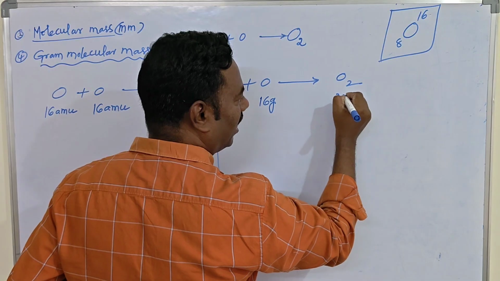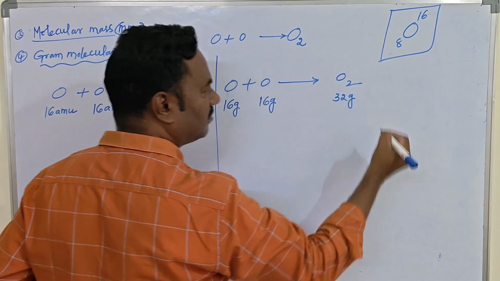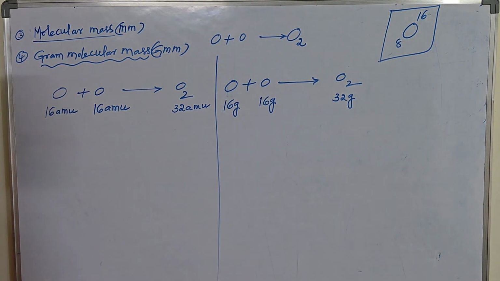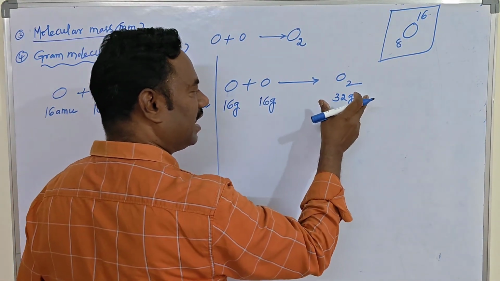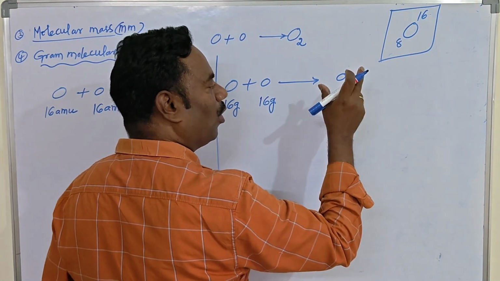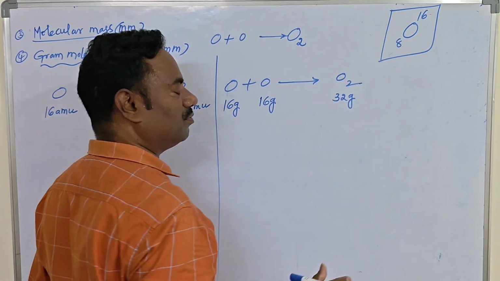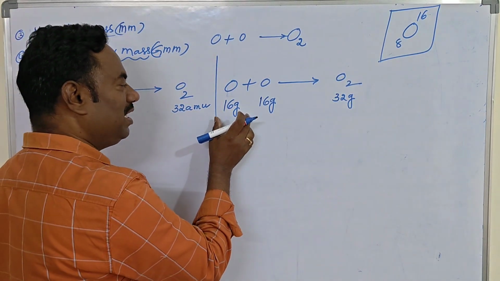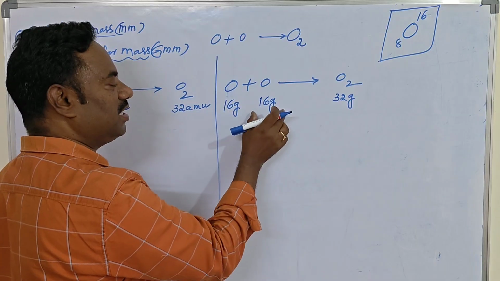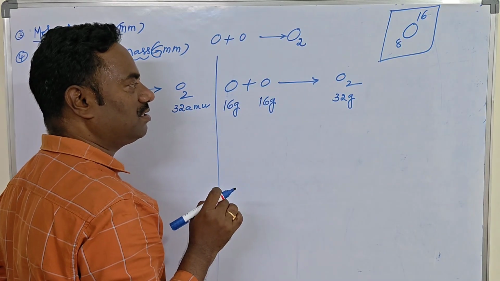Here 32 grams. Try to understand. 32 grams means it contains 1 mole of O2. 16 grams means Avogadro number of oxygens.